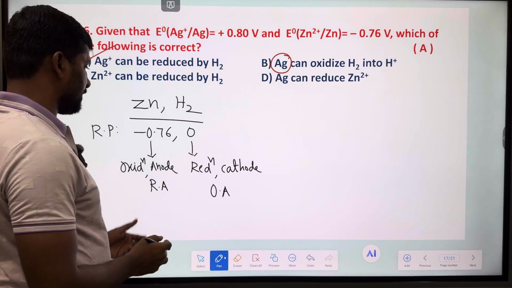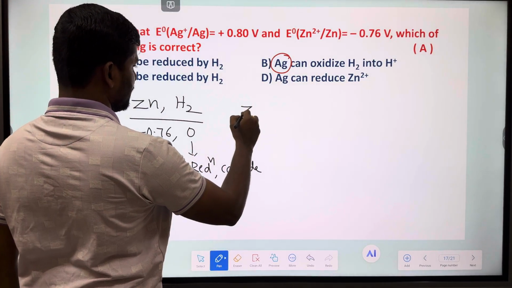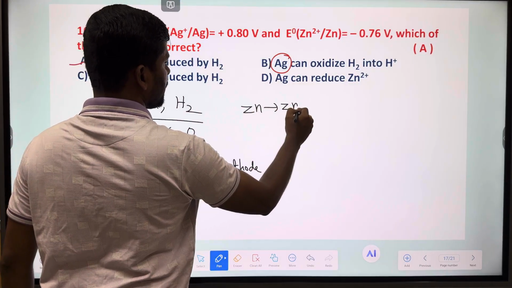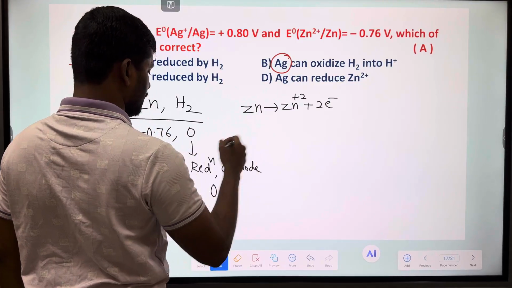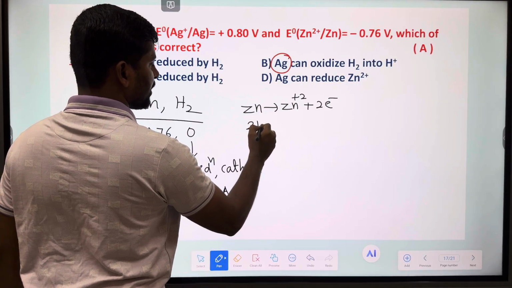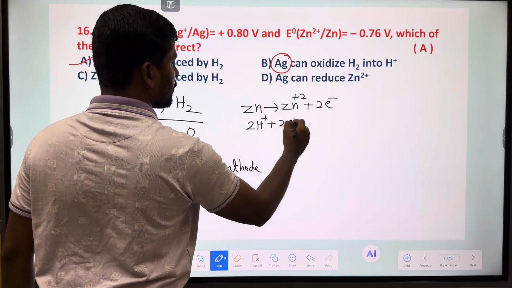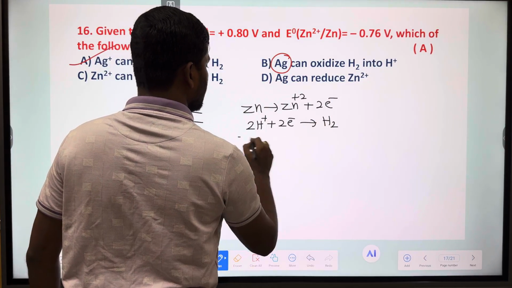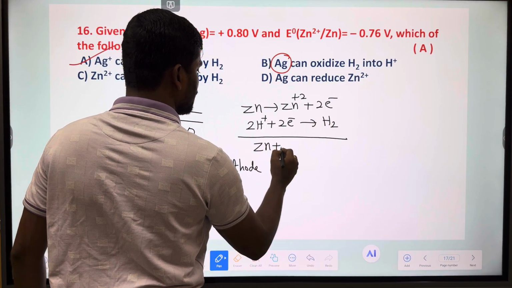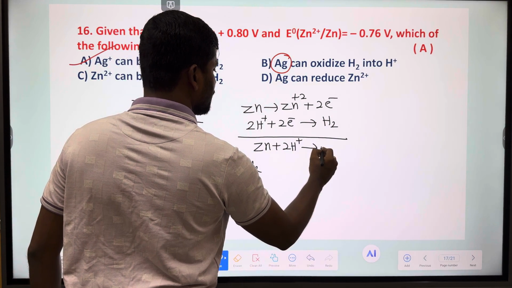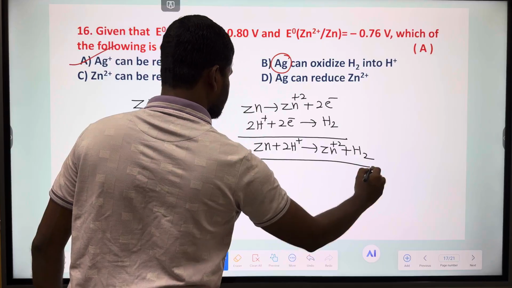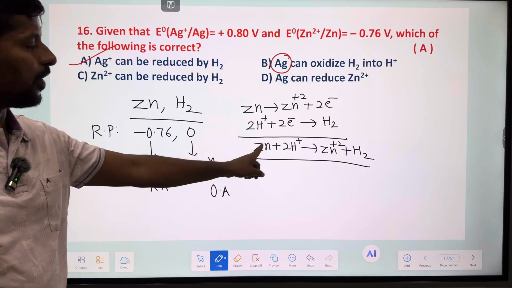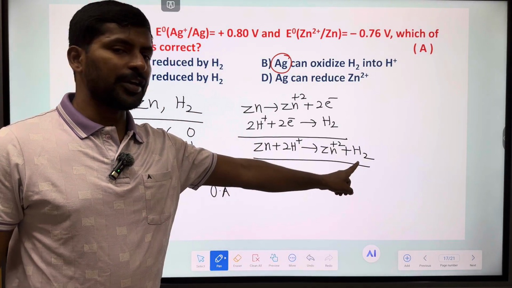What is the reaction? Zn undergoes oxidation: Zn gives Zn2+ plus 2 electrons. Hydrogen undergoes reduction: 2H+ plus 2 electrons gives H2. This is the cell reaction: Zn plus 2H+ gives Zn2+ plus H2. Right. So zinc can reduce H+ ions to H2.